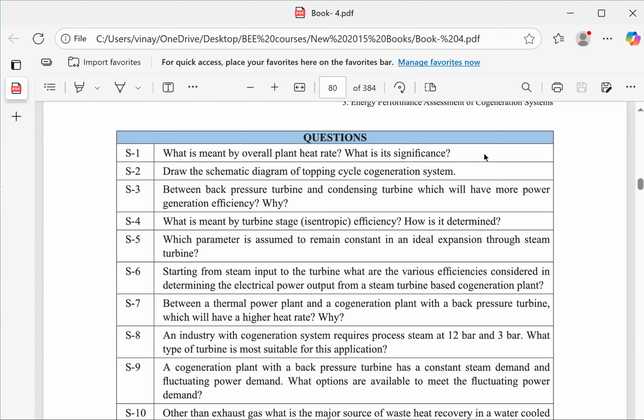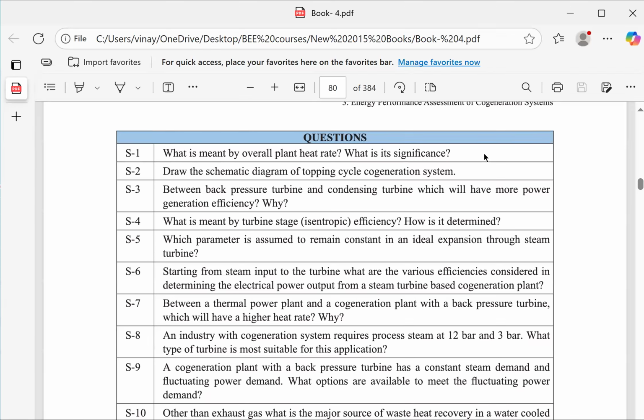Got it? Overall plant fuel rate multiplied by the gross calorific value of the fuel will give you the heat rate. What is its significance? It allows you the capacity and efficiency calculations of the plant. In the performance efficiency, it is most important: how much per hour you are putting in and what your output is.